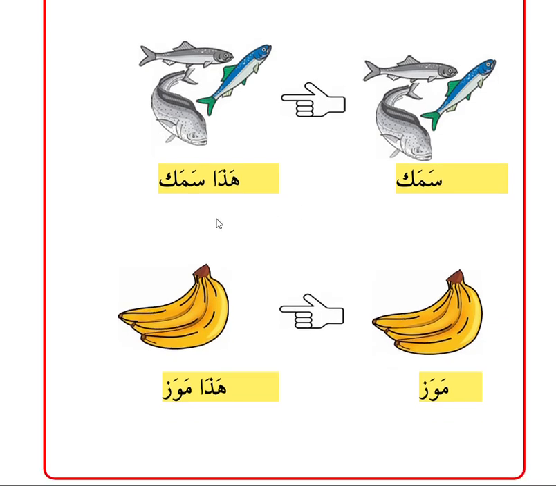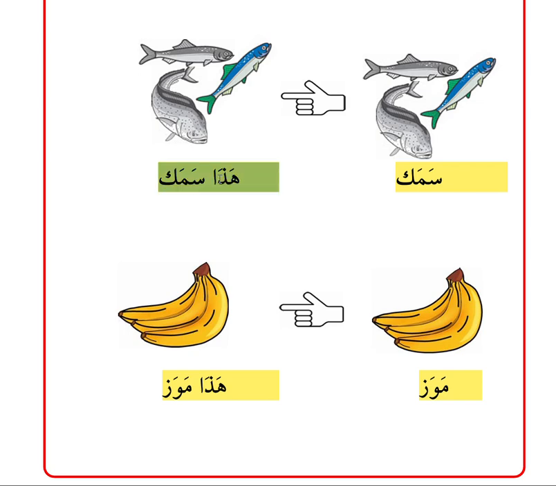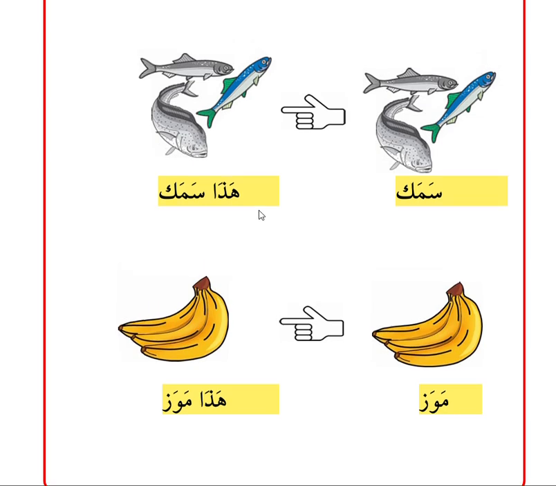It means plural. But hadha, this word, is used for singular and masculine nouns, all right? In Arabic, there is masculine and feminine nouns, but we will see in detail later. So samak is masculine, but it is also a collective noun.